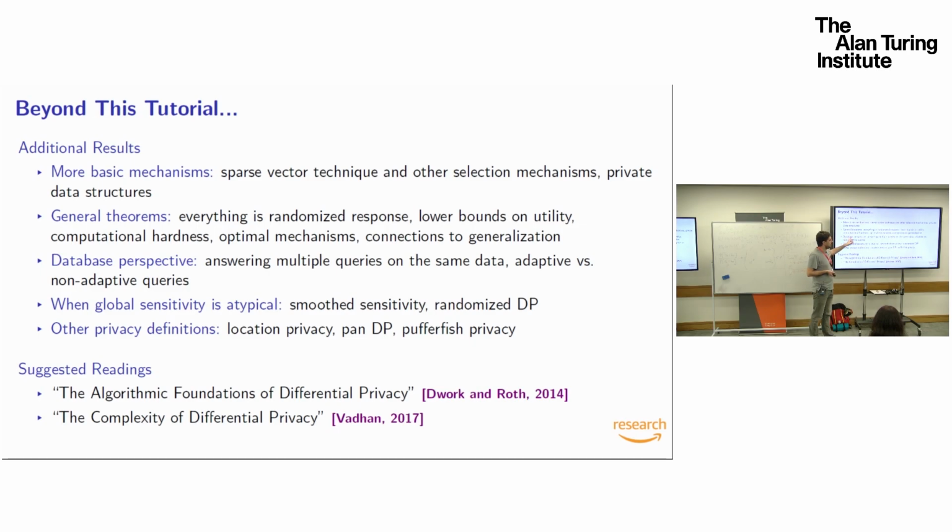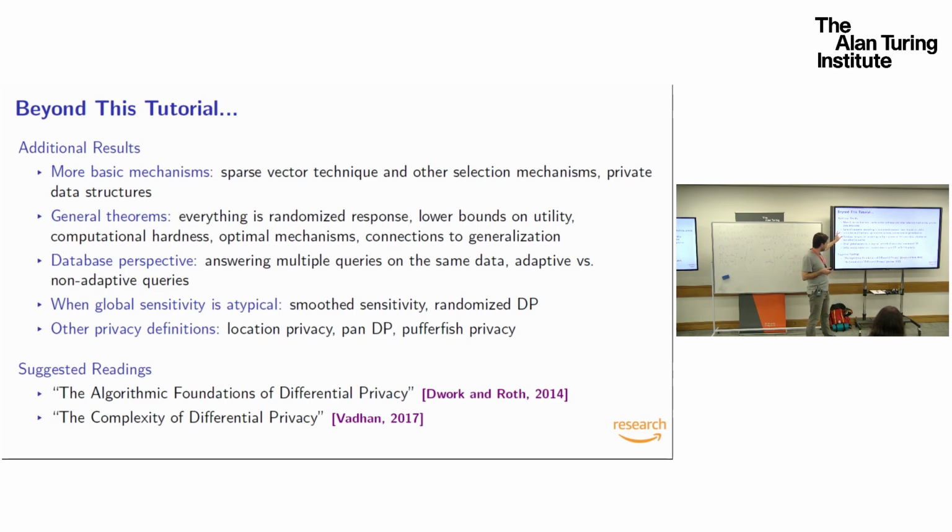There's also the database perspective. In the database perspective, you think of differential privacy in an interactive setting, where the curator offers you an API, and people keep asking questions about the data, and you want to keep responding. If you do this in a naive way, you'll apply, for example, advanced composition, and at some point you'll have to say, I cannot answer more questions, because if I keep answering, I will be beyond my privacy budget epsilon.